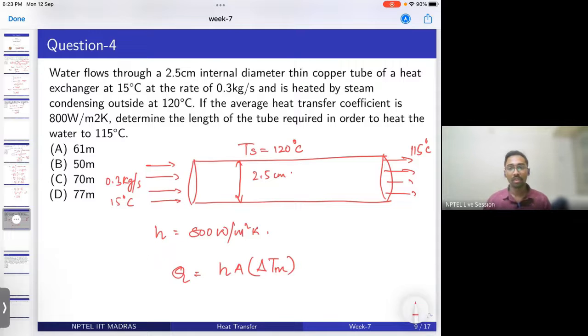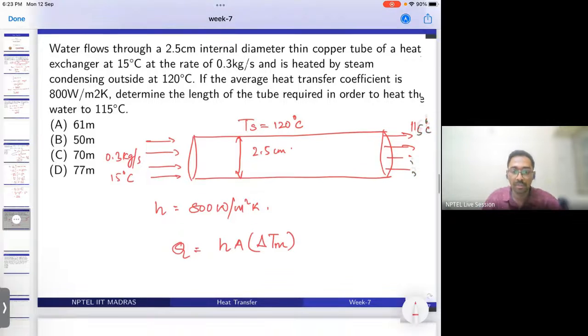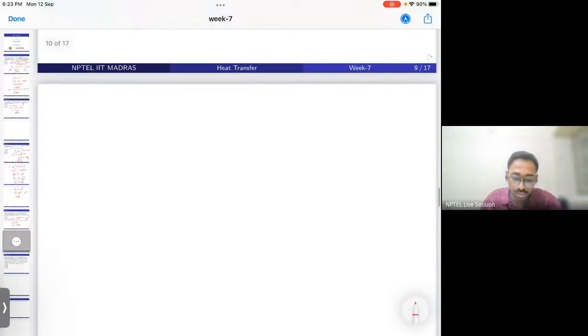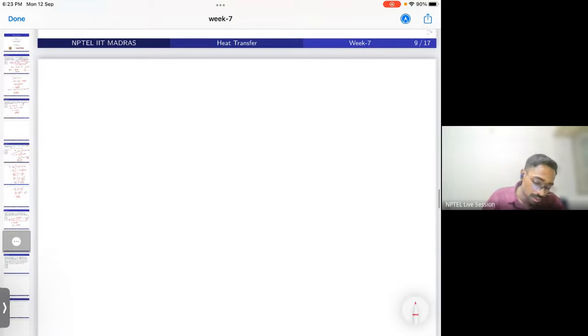How it comes, why we need to use it, is all discussed in the lectures. You can refer back to the lecture. So what is the log mean temperature difference? Delta Tm is equal to delta Te minus delta Ti divided by ln of delta Te divided by delta Ti.